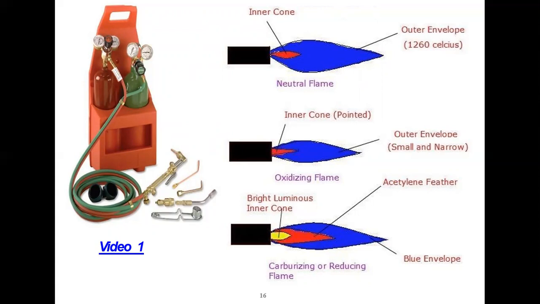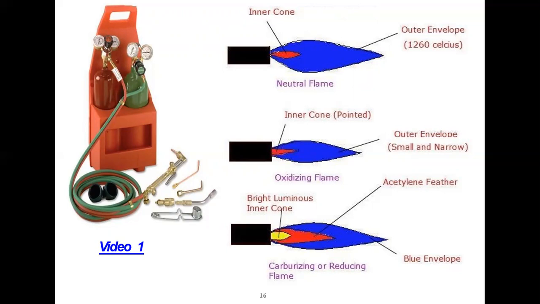I want to highlight the pressures of the cylinders. In case of oxygen, the pressure is about 135 bar, but in case of acetylene the pressure is about 15 bar, because if we increase the pressure it will explode. So we cannot store acetylene in the form of gas in the cylinders.